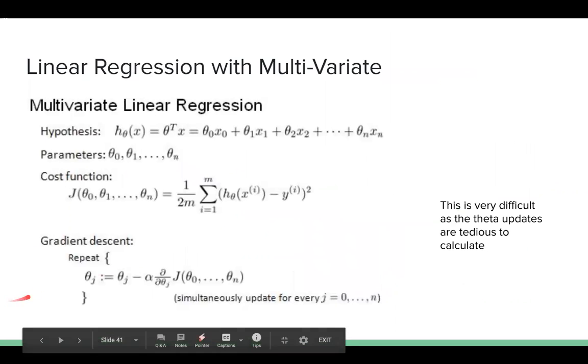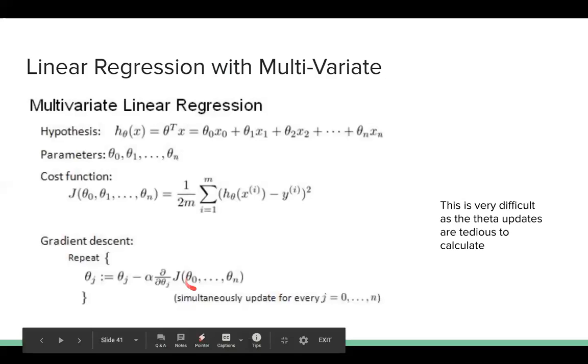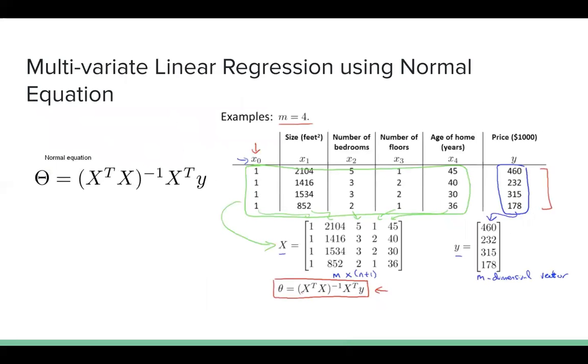the problem is that when we go for the gradient descent algorithm, we may have to do partial derivatives of the cost function with respect to each and every theta. Our equation, the hypothesis, is becoming more complex because we are considering more features. So the gradient descent algorithm will become very difficult, or I can say the complexity of this particular algorithm will increase. In order to avoid that complexity, we go for a linear algebra model where we define a normal equation which goes like this.